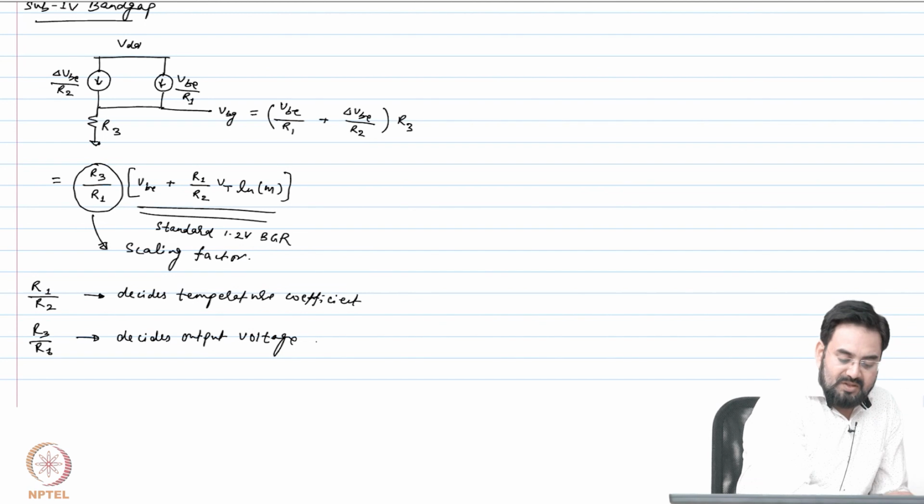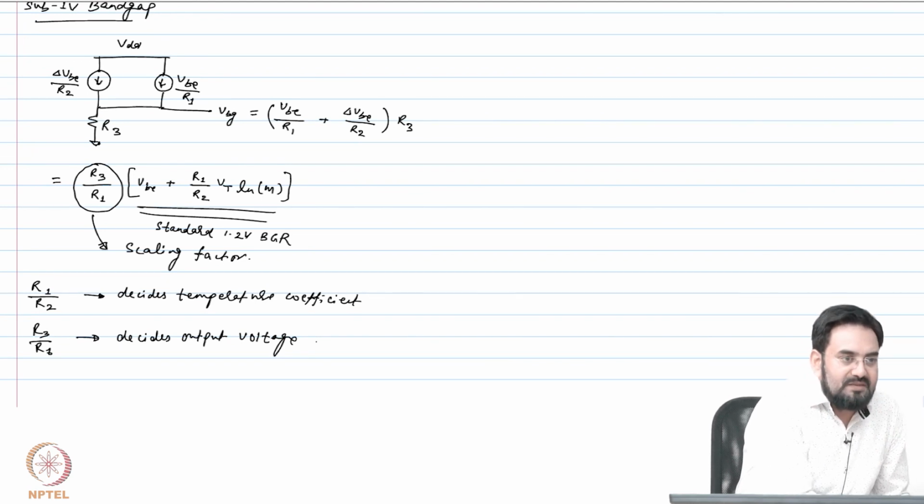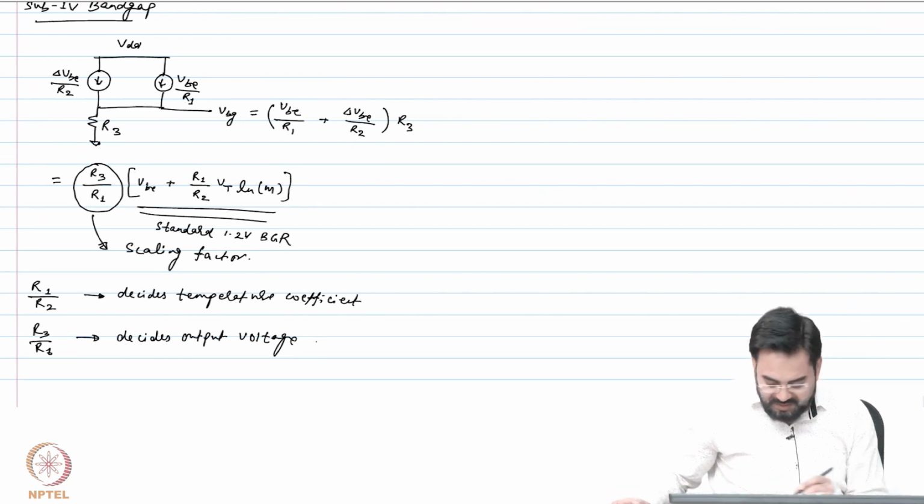Once you cancel the temperature coefficient of VB and delta VB term, then you can choose R3 based on what value you require, which means you can get any value. If I make R3 equal to R1, then you will get 1.2 volt around. If R1 is let us say 2x of R3, or R3 is half of your R1, then you will get roughly 0.6 volt. So, you can choose any.